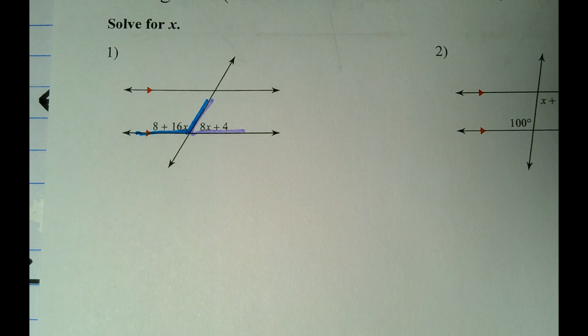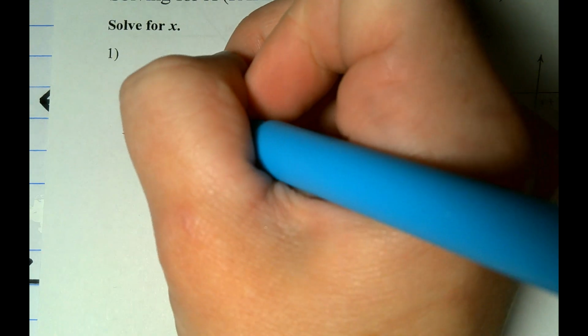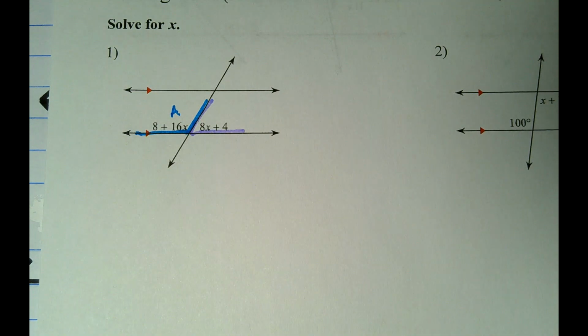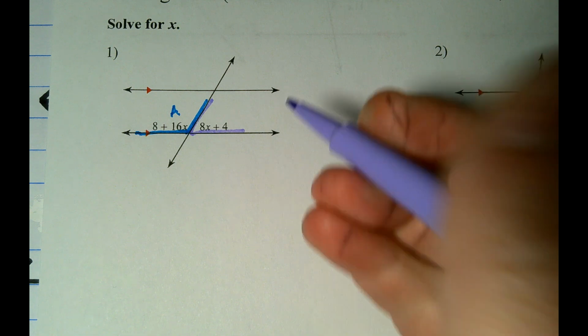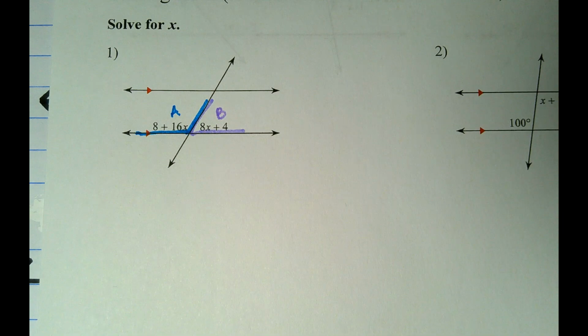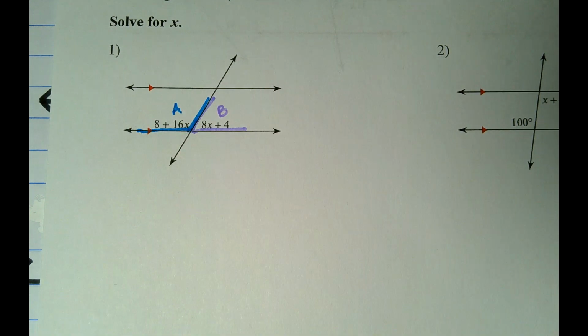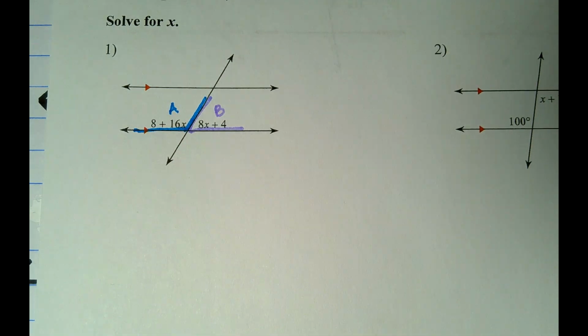And here's a good way to look at it. I'll call this angle A, and then I'll call this one angle B. If I wanted to write an equation without putting all the complex numbers in first, this part is kind of optional, but sometimes it helps simplify it.